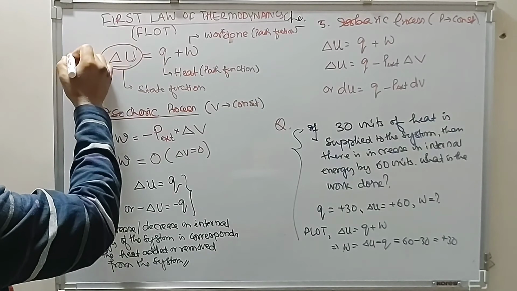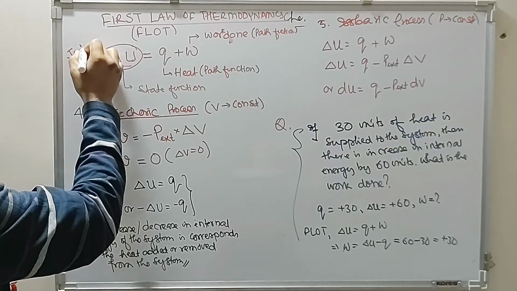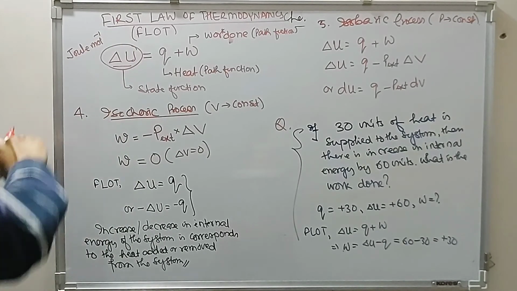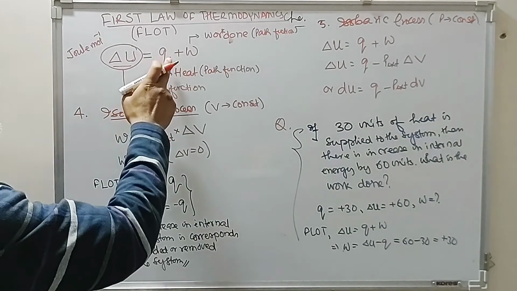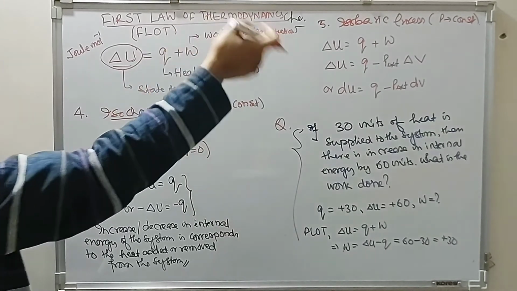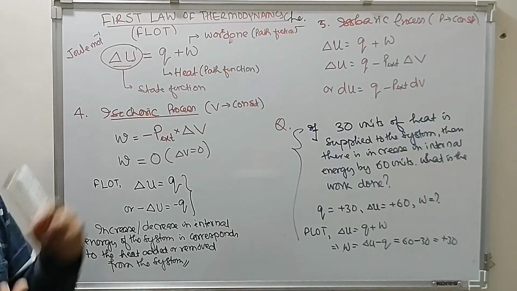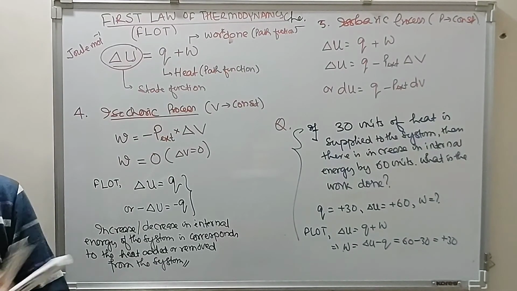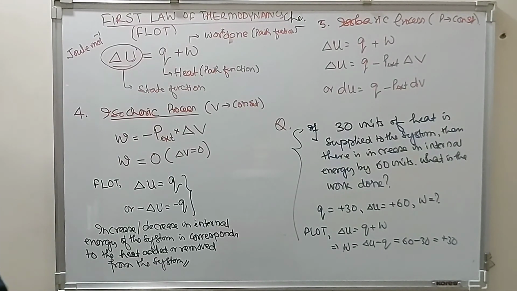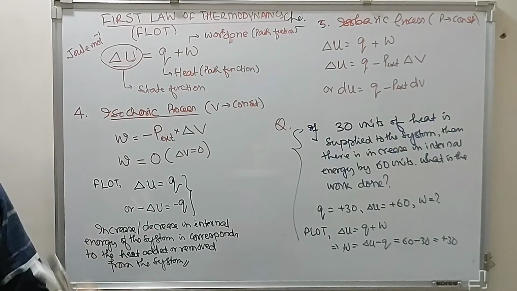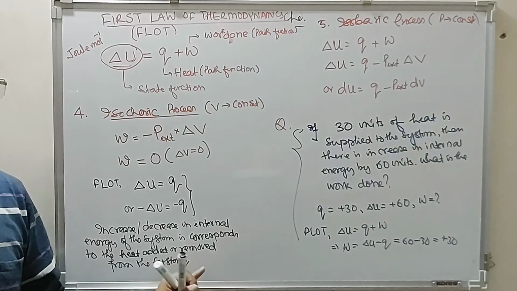If this is defined in terms of joule per mole, then Q must also be defined in terms of joule, and work done also in terms of joule per mole. Whenever we use these thermodynamic parameters, we always define them for per mole of the substance. This is the concept of the first law of thermodynamics. Hopefully you understand this concept.